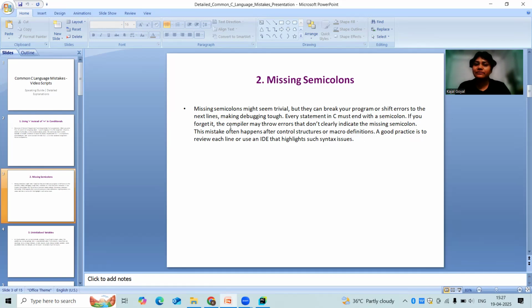Half of the things we could resolve depending on the IDE you are using. So make sure, guys, that you check the program line by line once it's written, to see what is left and what should be included.